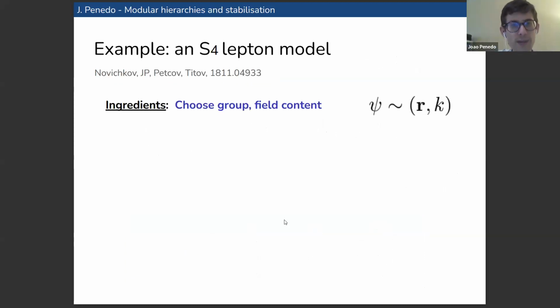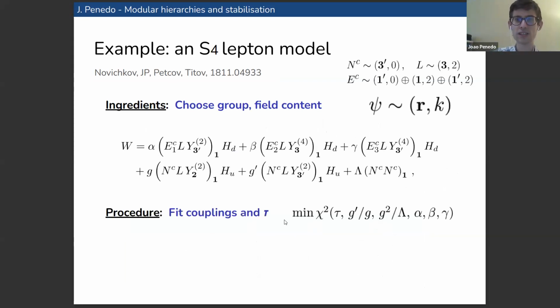This is a model from this paper where we consider the modular S4 finite group. Of course, we have to choose the field content, and this means choosing the representations and the weights of the right-handed neutrinos, the lepton doublets, and the charged lepton superfield.